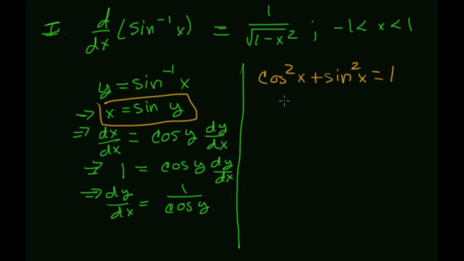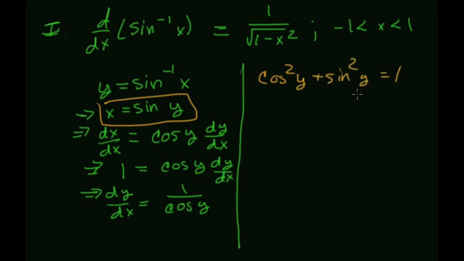Well, let's see. That means that, let's not make those x's. I apologize. Let's back that up a bit. I got a little quick there. There we go. Still going to work. Let's make it cosine squared of y plus sine squared of y is 1. There we go.